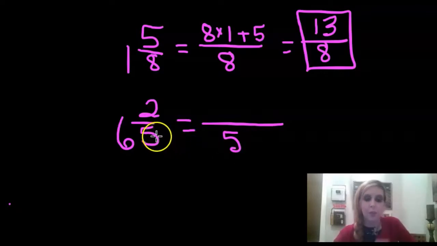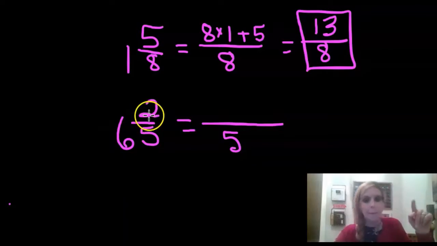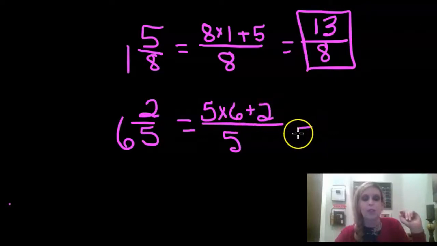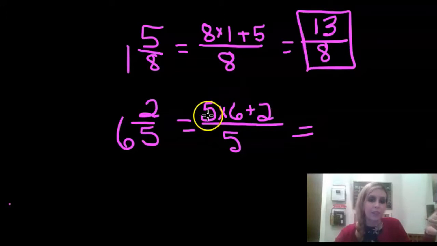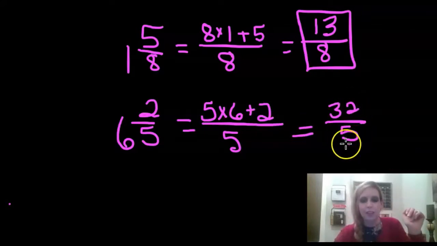So then I'm going to multiply the denominator times the whole number plus the numerator. All right, so 5 times 6 plus 2. Okay, so 5 times 6 is 30, plus 2 would give me 32 over 5.